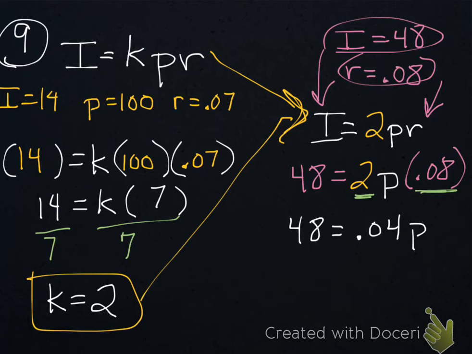Okay, I was dividing. It's multiplying. 0.16. Now we can divide both sides by 0.16. And P equals what? $300.